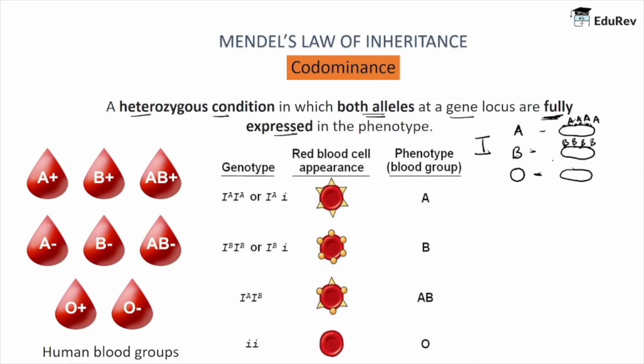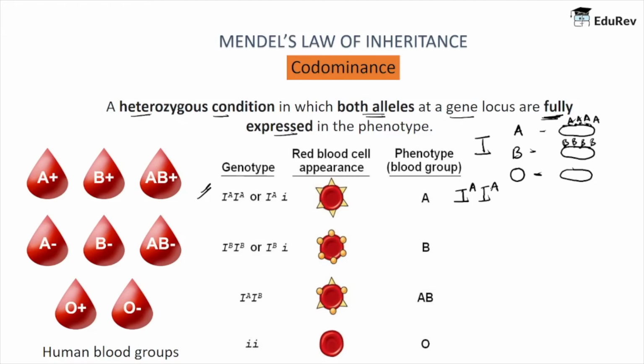Now let us talk about how the blood group of a person is decided. Look at the first one. Here we are talking about blood group A. Since the alleles occur in pairs, I can write capital IA, capital IA again.